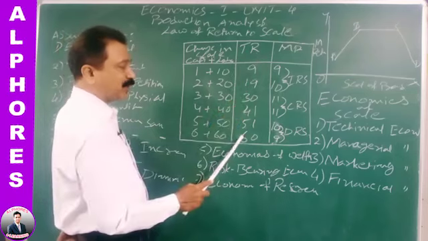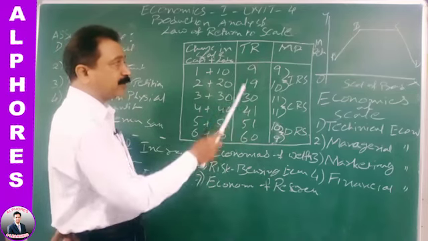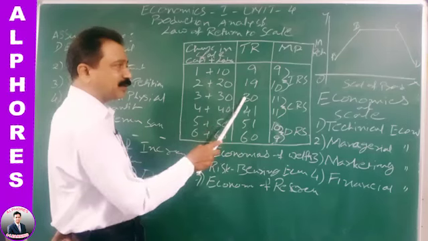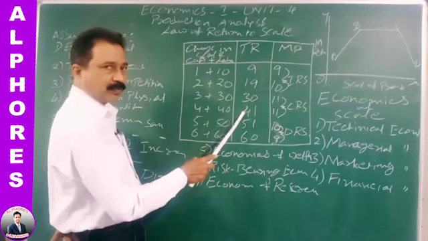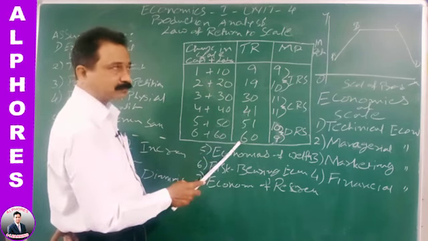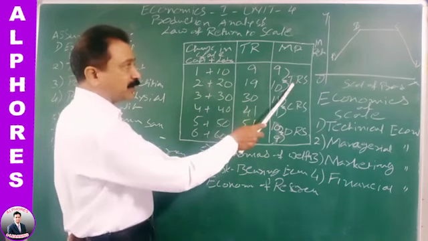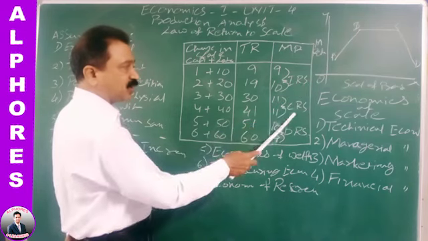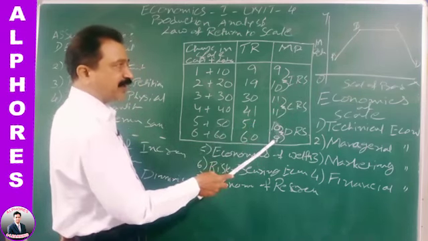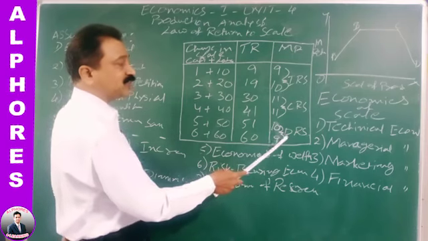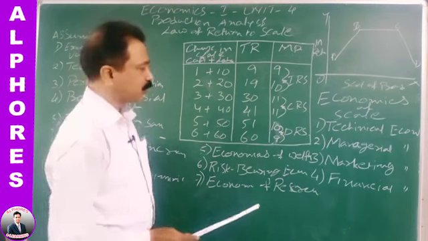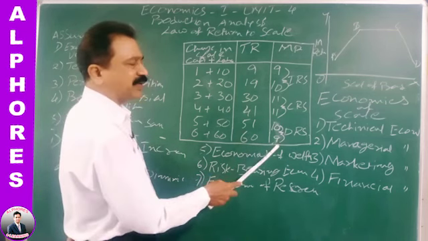Total returns are 60. It is increasing, but you can see first increasing order, then constant, now diminishing order. In the first level, increasing returns to scale, then constant returns to scale. Now 60 minus 51 is 9. So this is decreasing returns to scale. So step by step it is decreasing.